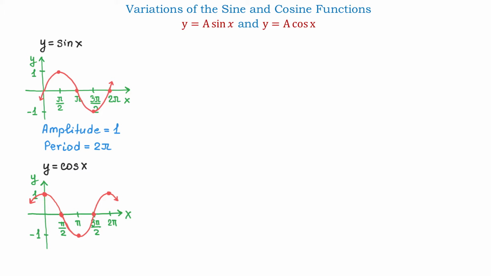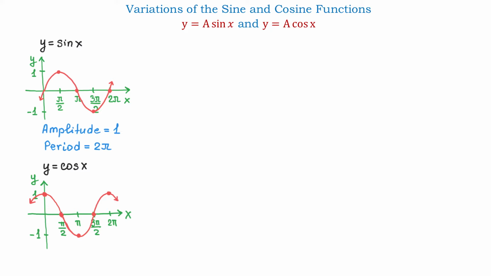Now, once we have these two basic functions, let's talk about the variations y equals a sine of x and y equals a cosine of x. The sine and cosine functions of this form will have the same period as the basic sine and cosine functions.